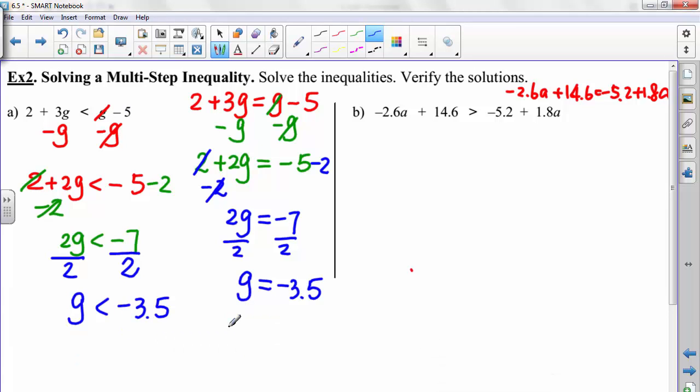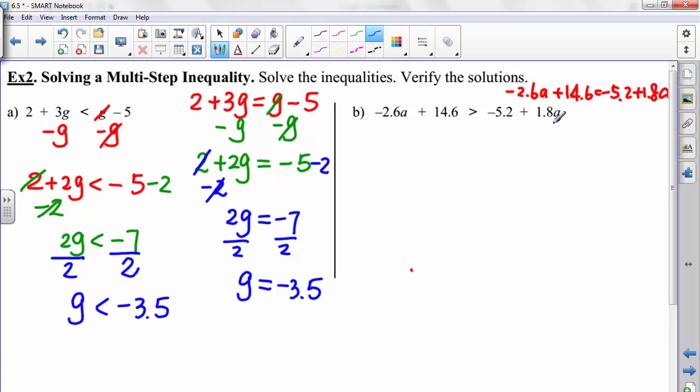Let's look at the second one this time. If you have no trouble in understanding the first one, hope that you guys can have a try at the second one. The only difficult point in the second one is we have all decimals rather than integers. I still have variable on both sides.